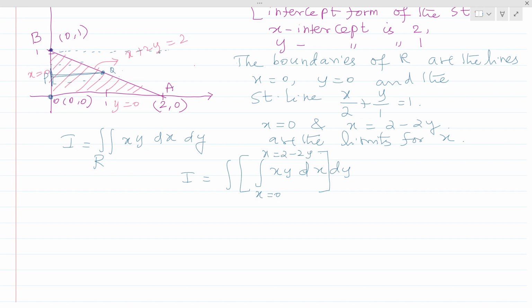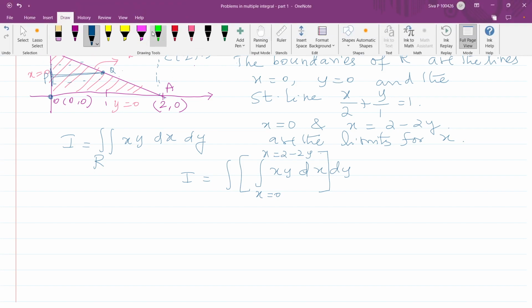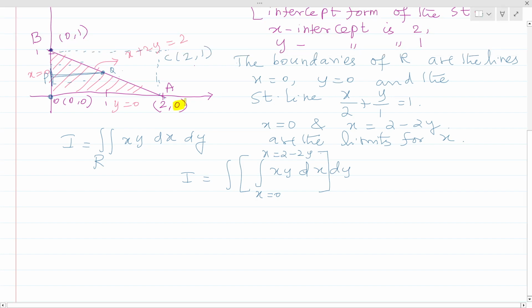If you are finding that intersection point, this point may be written as C. What is the C point? (1/2, 1). Okay, so here you can see that y varies from 0. I can mention here y varies from 0 and y varies to 1.